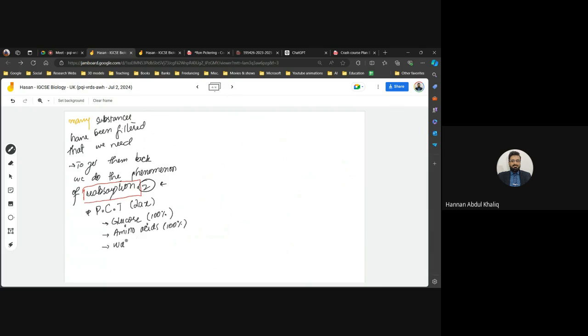Water, 70% reabsorbed. Then electrolytes are also 70% reabsorbed. We get all of these things back immediately. But urea is not reabsorbed. Why? Our main purpose is to get rid of it.